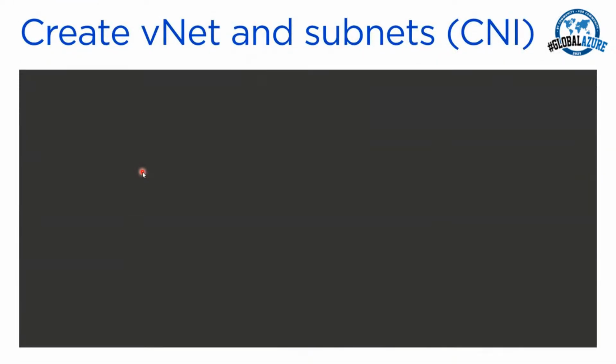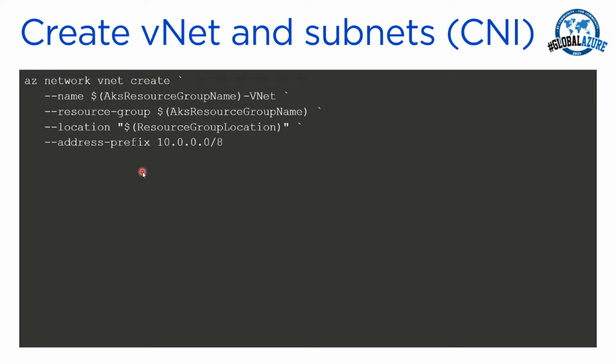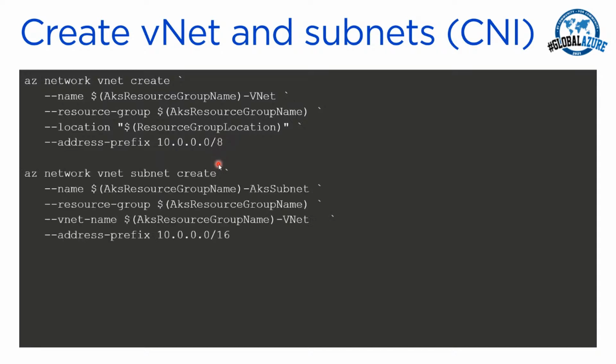Good. Then VNets. We talked about the networking. Normally we use the CNI version, the advanced networking mode. First we create a VNet, normally quite a large one, a /8. Inside this VNet, we create a /16 subnet for placing Kubernetes.